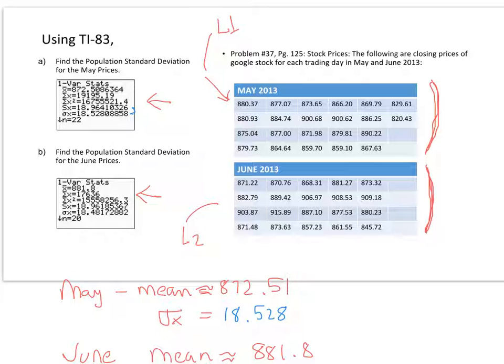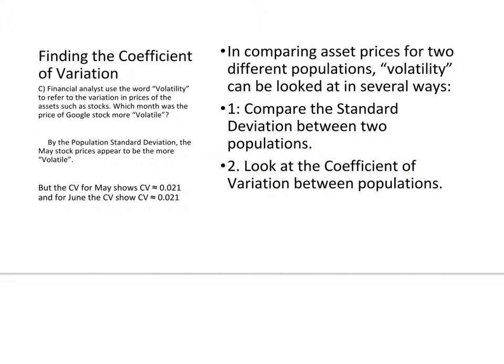Now the question is which is more volatile? To answer the question of whether a stock is volatile or not, there's two ways you can look at asset pricing for volatility. One is you can compare the standard deviation between two populations.